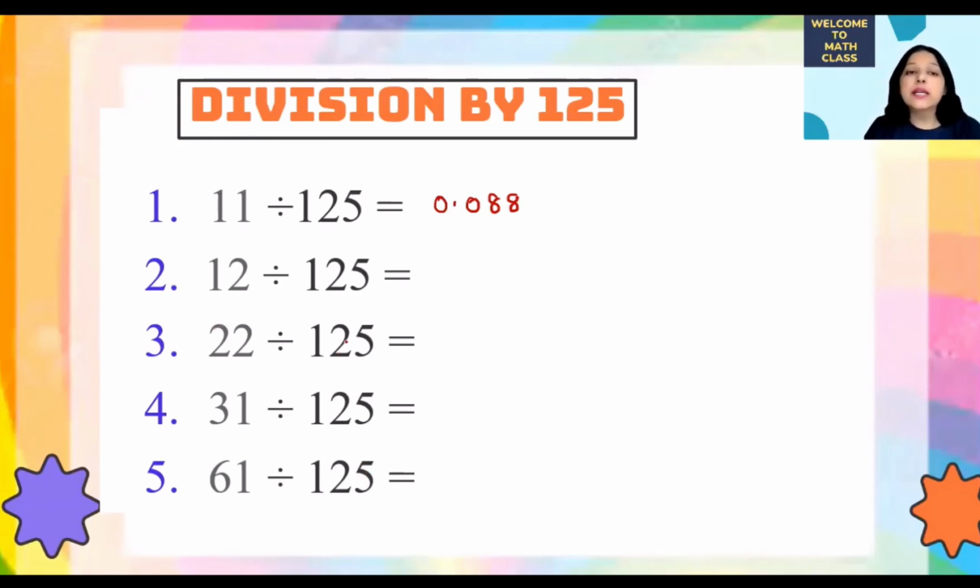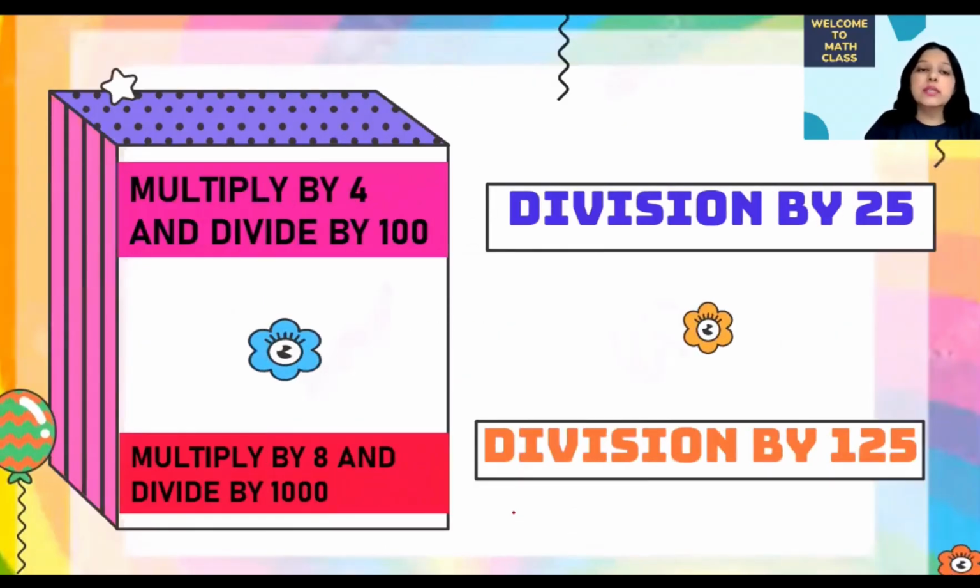So 12 times 8 is 96. So it will be 0.096. 22 by 125. So 22 times 8 is 176. So it will be 0.176.